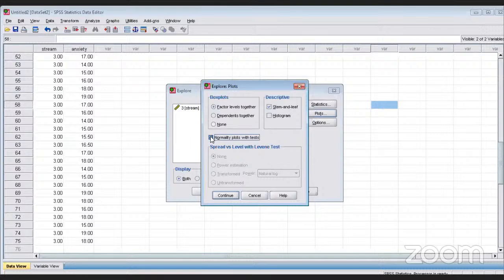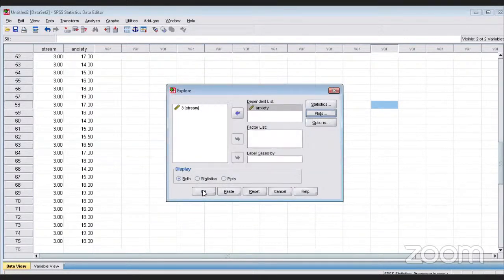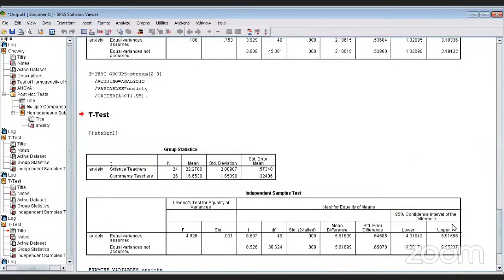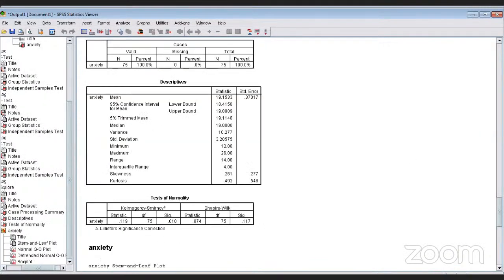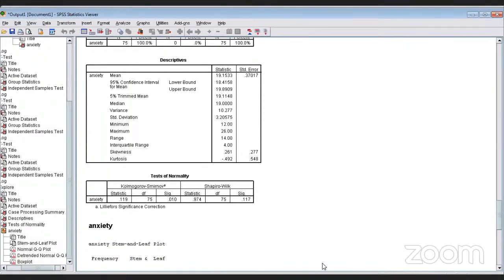I hope, Sujanya, you are understanding. Is it okay? And now you say continue. Now here you can say, according to Kolmogorov, it is not normally distributed.